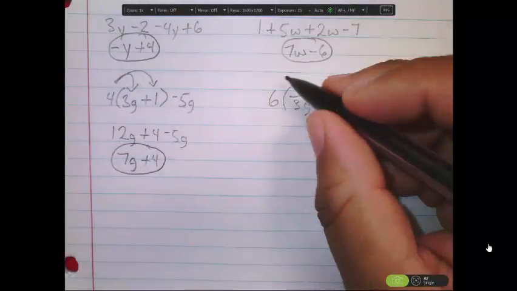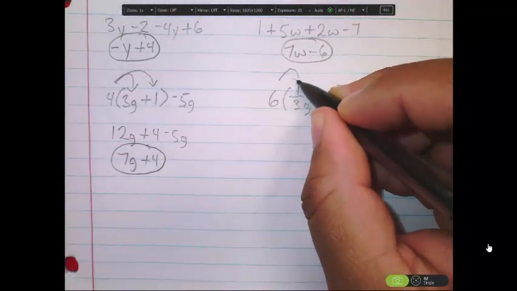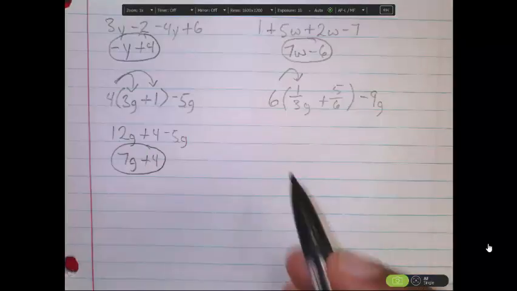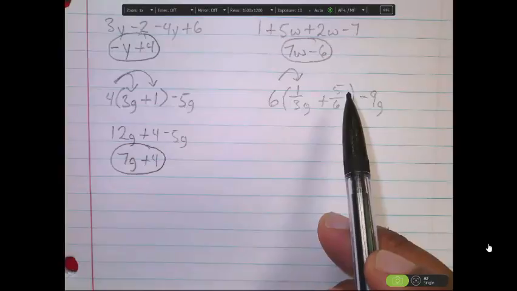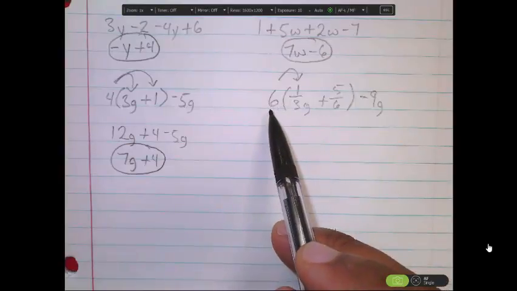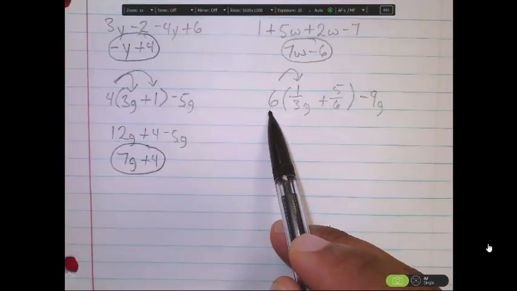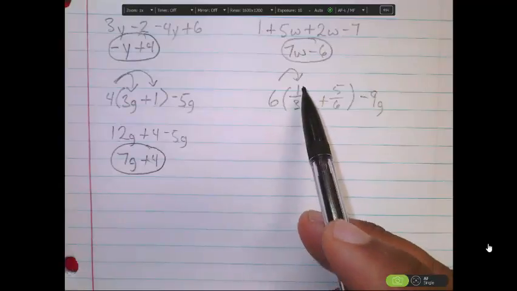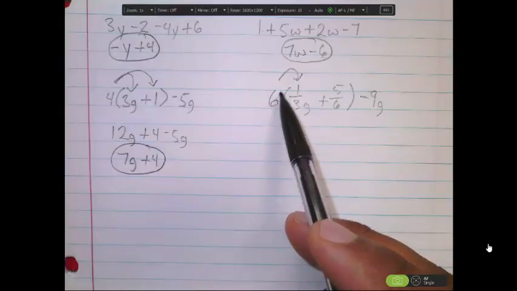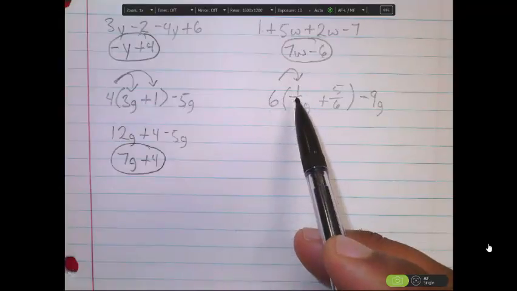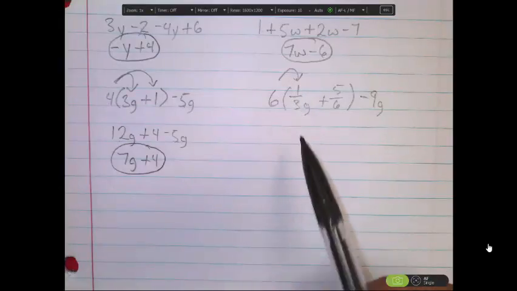Let's go 6 times 1/3 g. Remember, all you have to do is change 6 into a fraction, 6 over 1, and multiply straight across. I'm going to do these in my head, but if you've forgotten how to multiply fractions, please go back to your notes. And maybe one of these days I'll do a video reminder showing you some of the simple ways of how to do that.